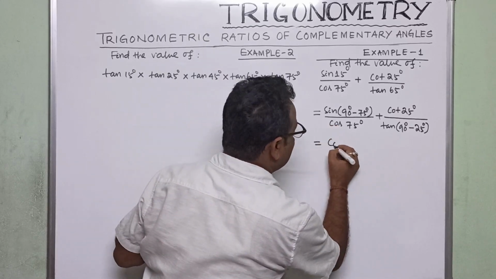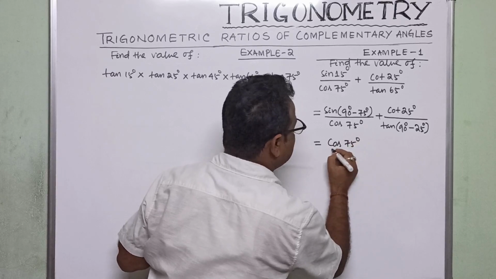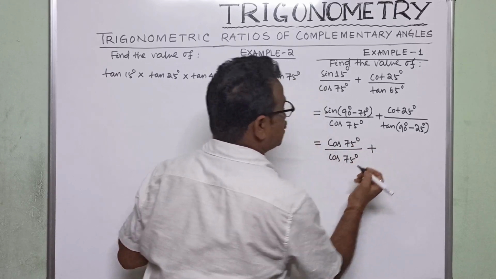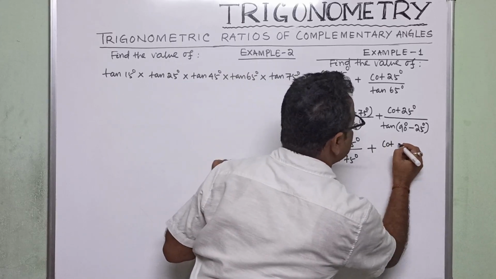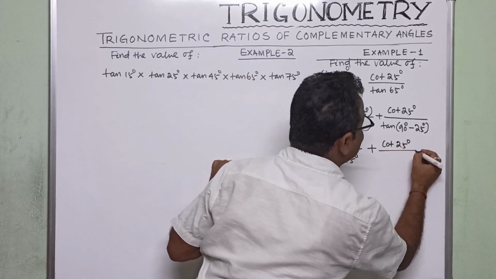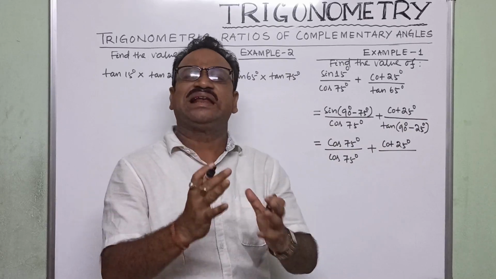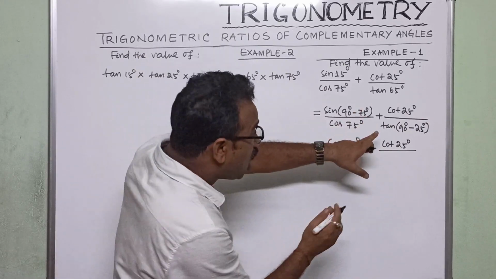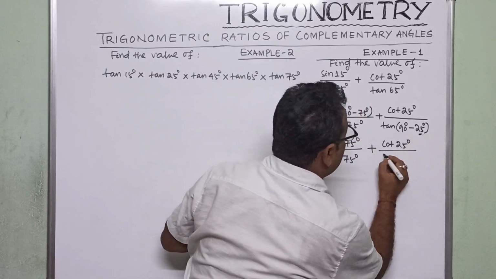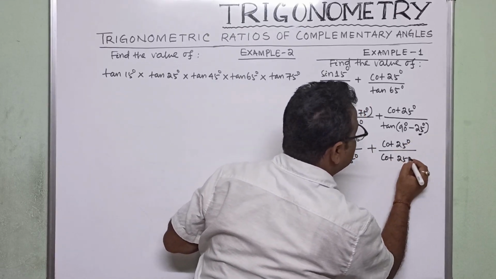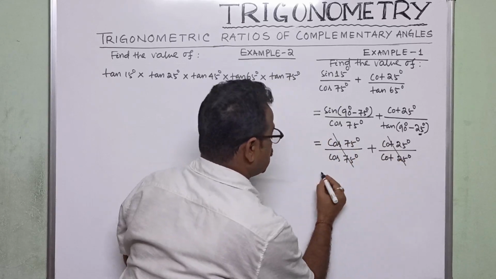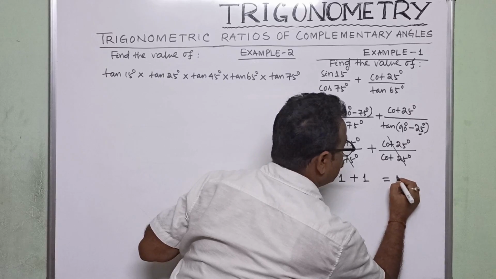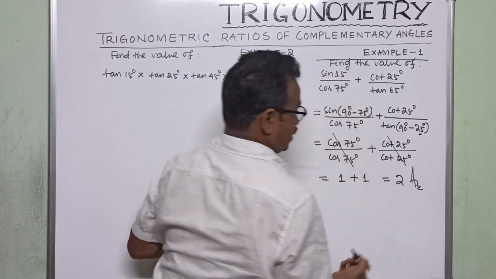So I can write cos 75 degree by cos 75 degree plus cot 25 degree by tan 90 minus theta. Tan 90 minus theta is cot theta. So cot 25 degree cancels. So that is equal to 1 plus 1, that is equal to 2, which is the answer.